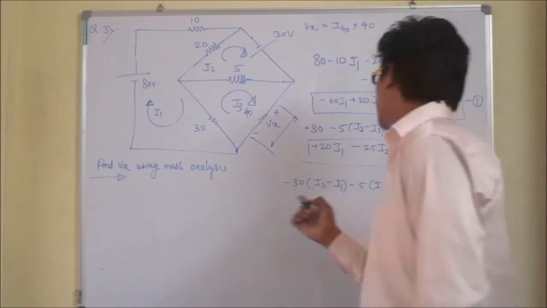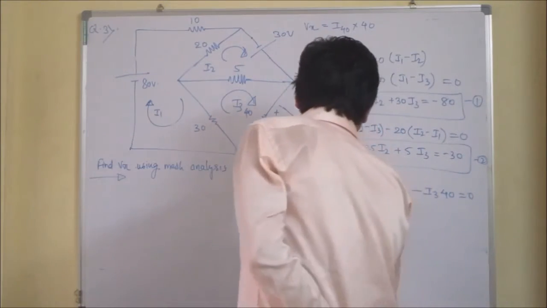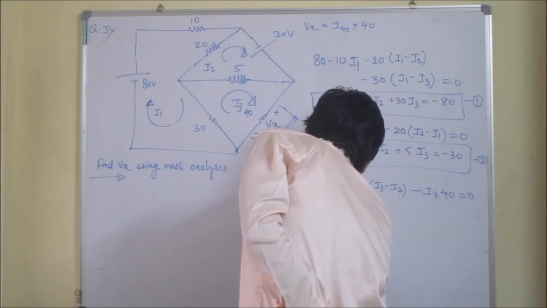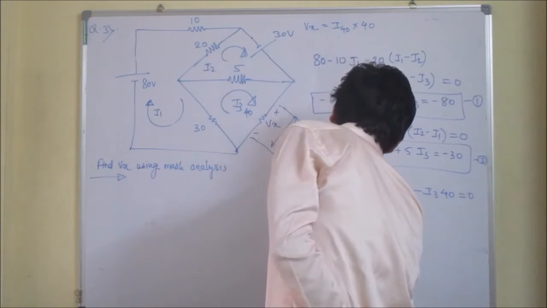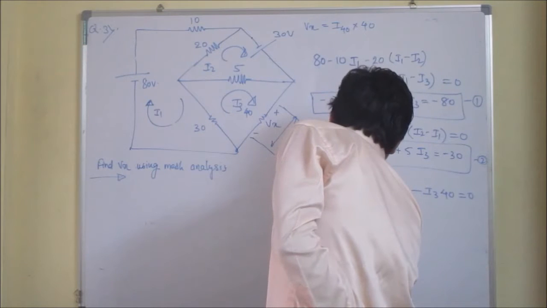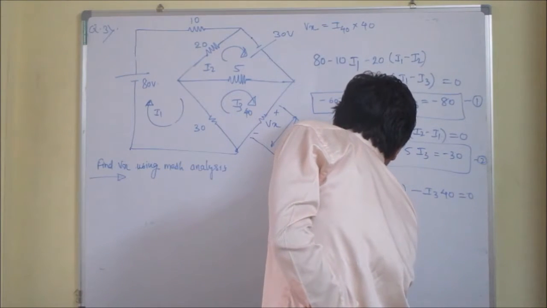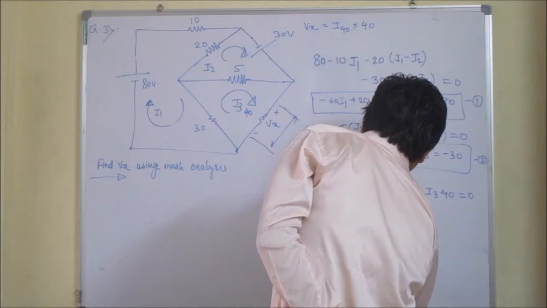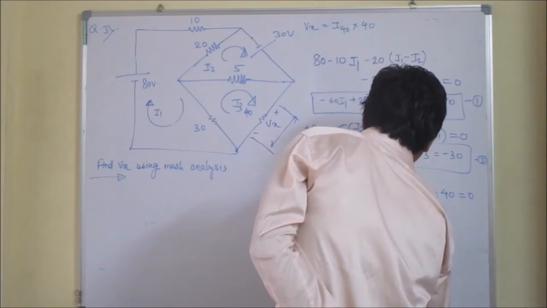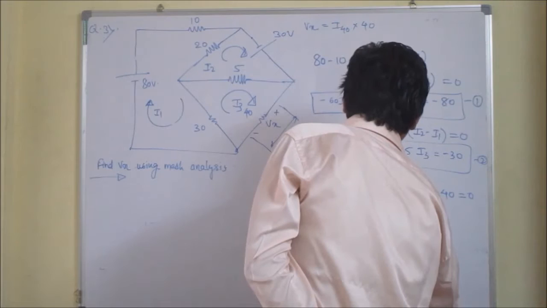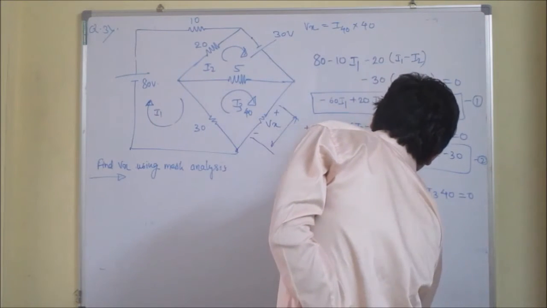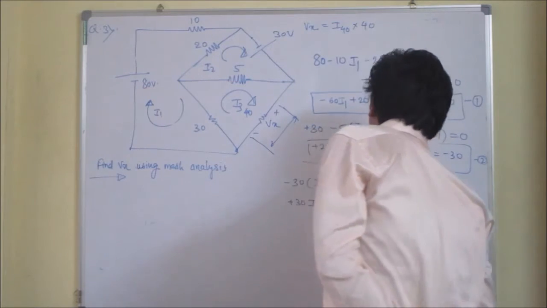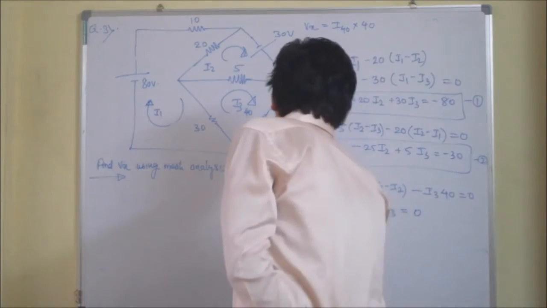Now simplifying it, I get plus 30 I1 plus 5 I2 minus 35 I3, no, 35 plus 40, that is actually 75 I3, is equal to 0. This is my third equation.